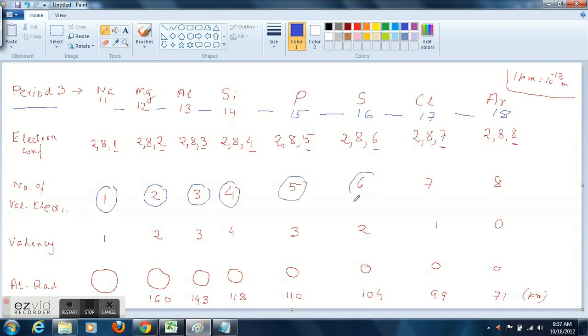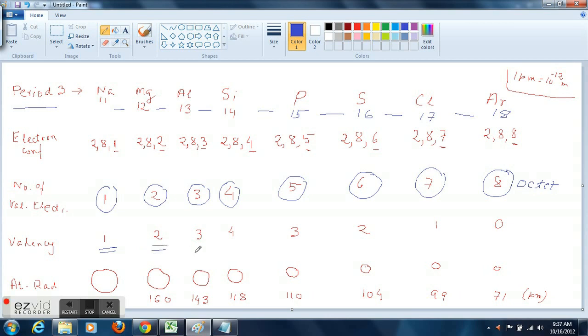Now the number of valence electrons: for sodium it is 1, for magnesium it is 2, and all the way up to argon, for which the valence electrons is 8, which has already completed the octet, so it will not enter into chemical reactions.